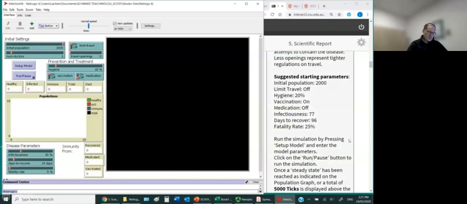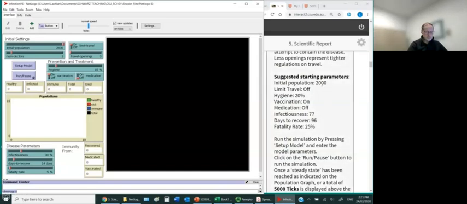Now, when I talk about COVID-19, if that's a bit too stressful for you, please realise the way you set this model up does not have to have anything to do with COVID-19. You can set it up as whatever disease you want. It can be something completely made up, like the suggested settings that I have.